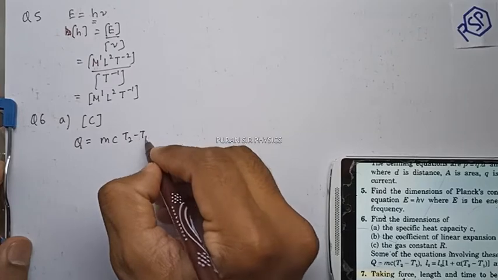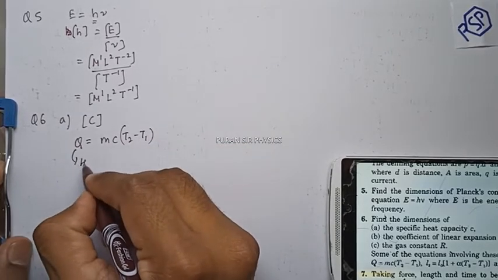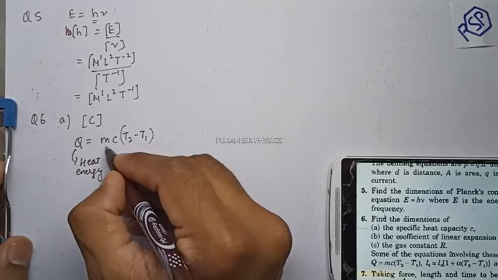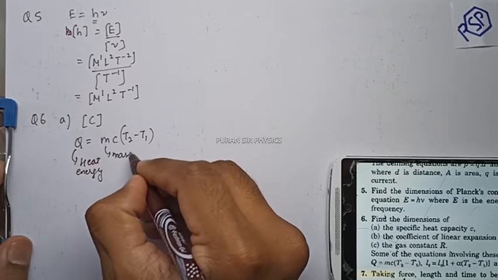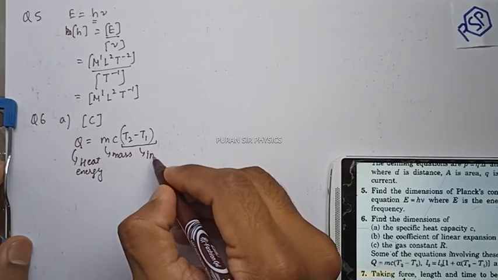T2 minus T1. So here I will tell you that Q is the heat energy, m is the mass, and this is the increase or decrease in temperature.